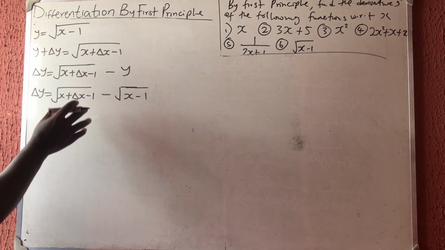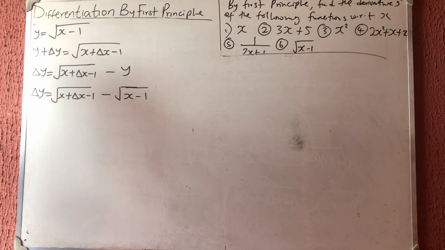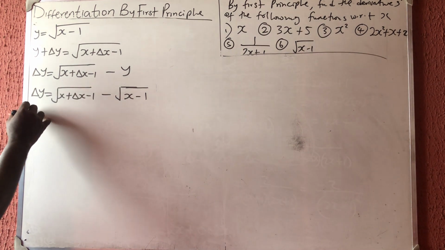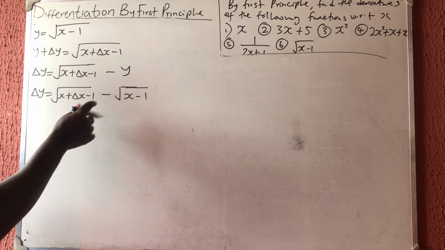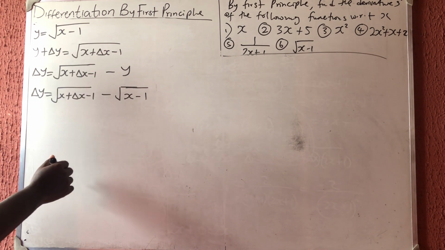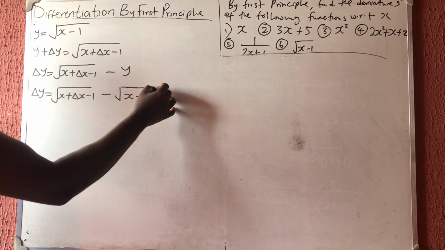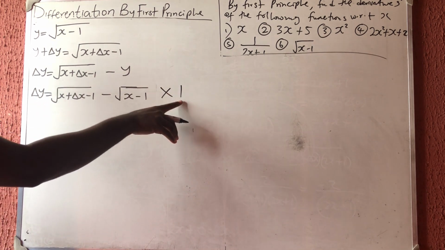So what I'm going to do is multiply up and down by the conjugate. That's as good as saying multiplying by 1. You know that anything multiplied by 1 is the same thing.